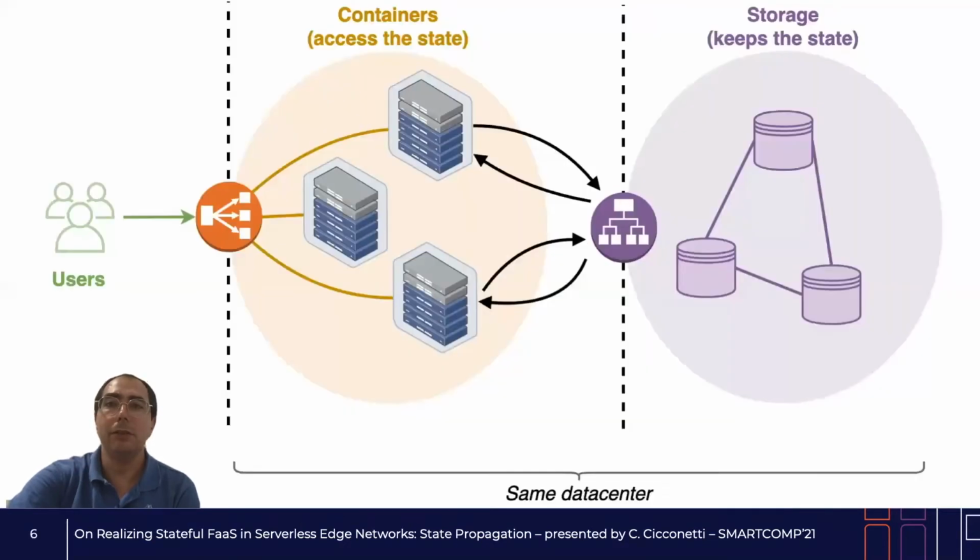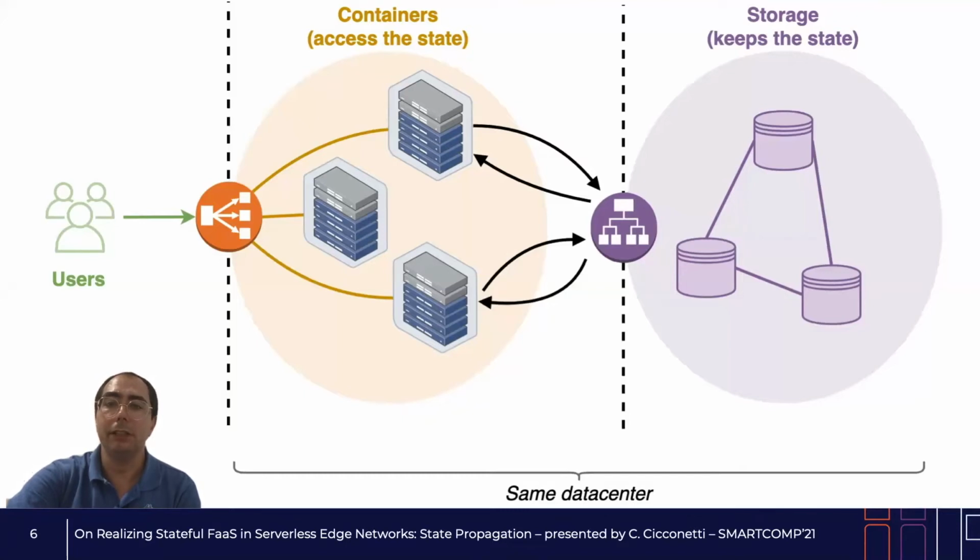The picture illustrates at a very high level the architecture of a serverless system. So we have a load balancer, which is on the cloud. All the users in the world only see a single endpoint for the service, and the load balancer dispatches the function invocations towards the many instances of the containers that run the function.